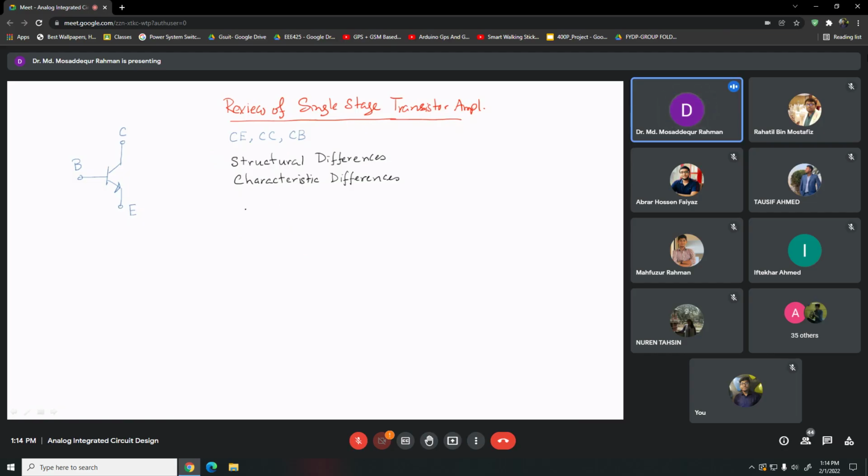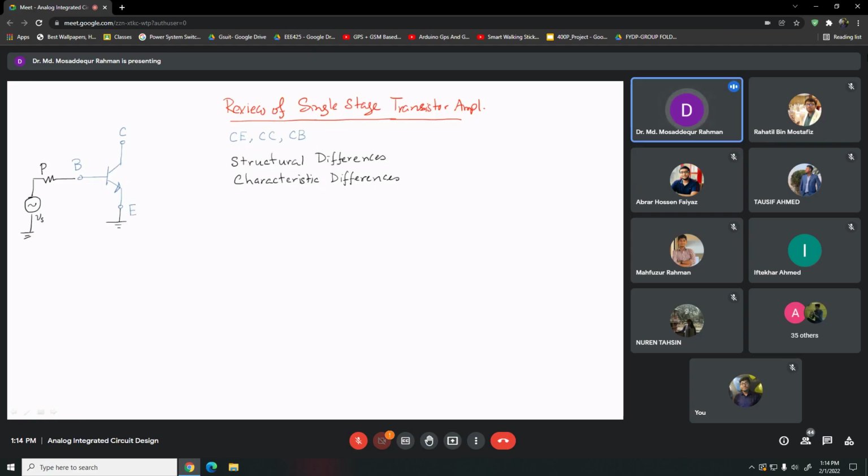Properties, right? Features. Now, structure-wise, when we say common emitter, it means the emitter will go to ground, okay? Emitter will go to ground, and then we apply signal at the base. Our source signal goes into the base.